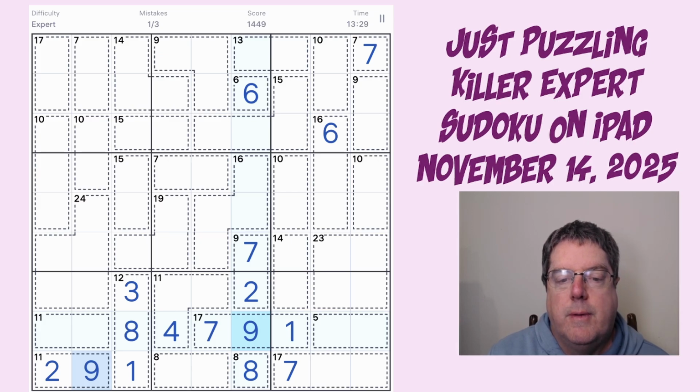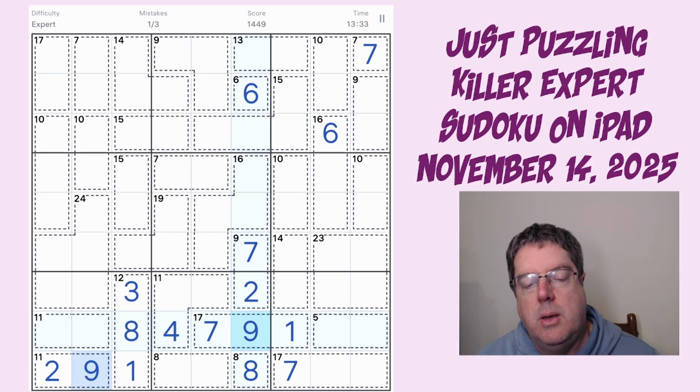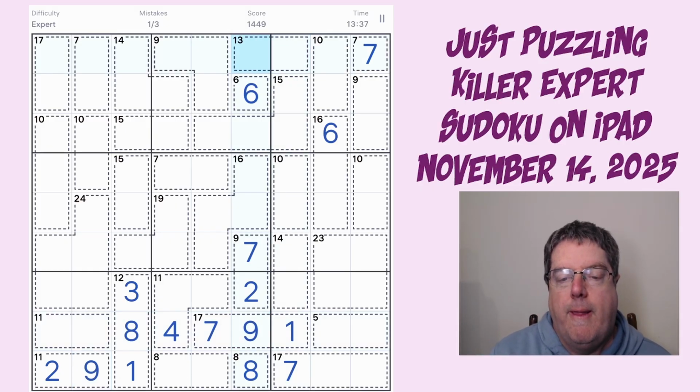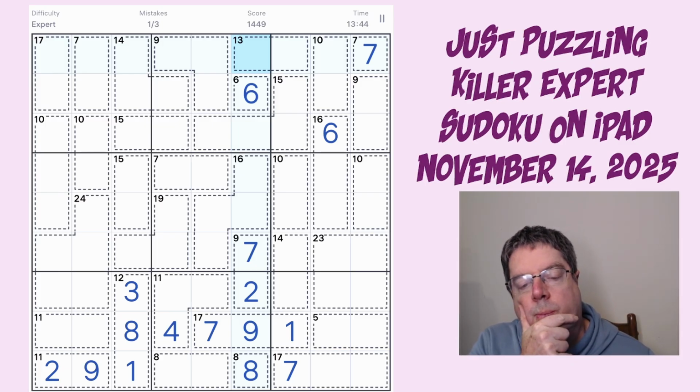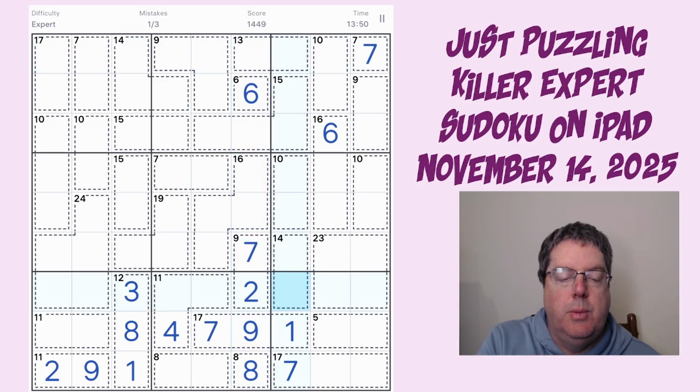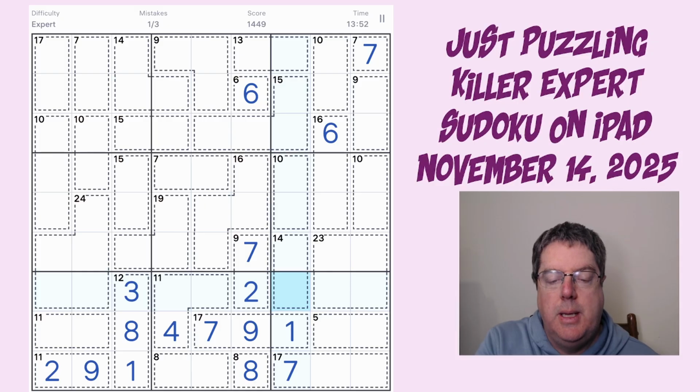3 and 5. So 8, 9 is going to be here, so it's either 4 or 5. So 8's there. 8's still up here with the 9, so 8 and 9 are up here. 2, 3.